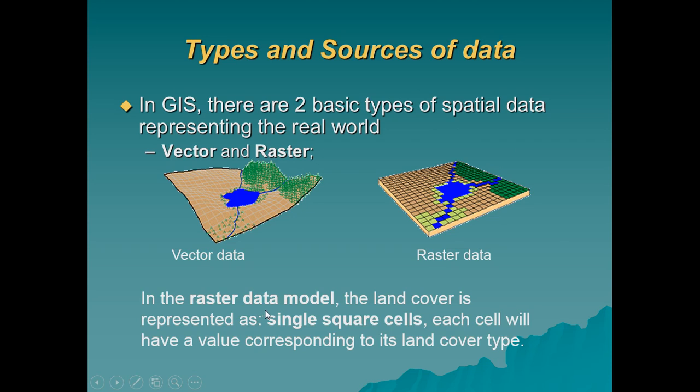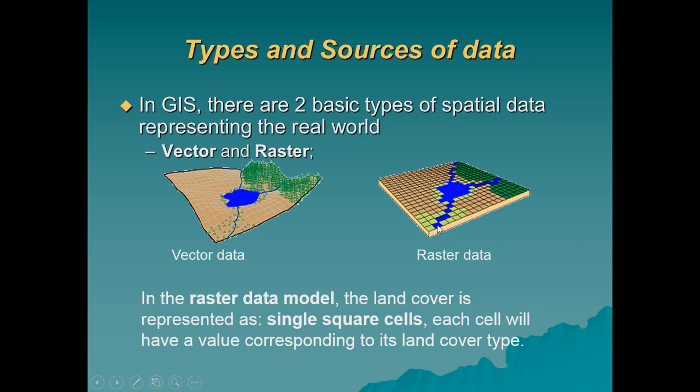Now in the raster data model, the land cover is represented by single square cells. You can see the gridded pattern there. Each cell will have a numeric value corresponding to its land cover. In this case you can't see the numbers, but the numbers are actually being displayed by colors.